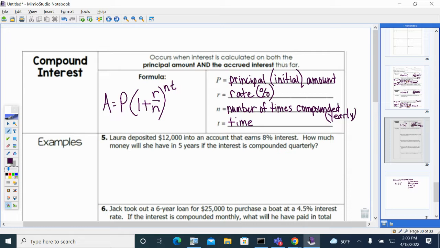And what compound interest does is your principal amount is ever changing. So let's say my interest rate compounds every month. So at the end of the first month, my principal is going to increase by the amount of interest I earn in that month.